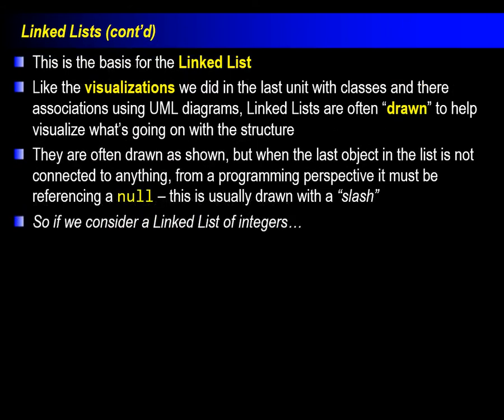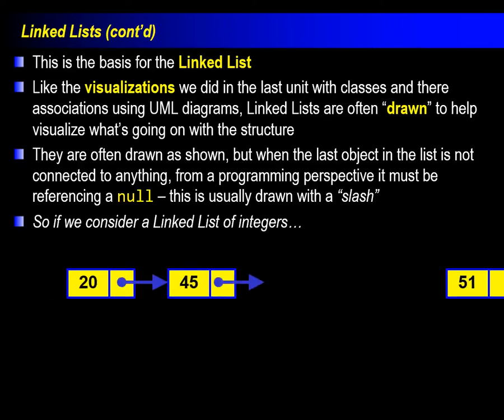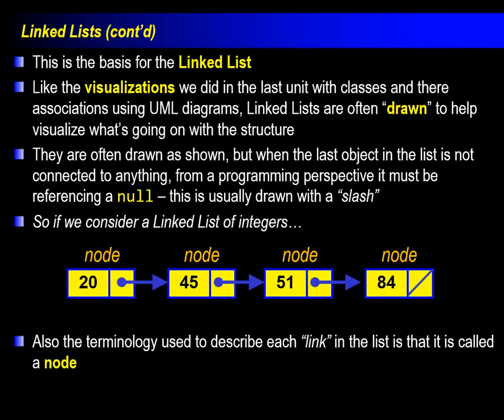Okay, so the linked list, as I said, is helpful to be drawn. As I said, the last reference will be a null. Usually when drawn, it will be drawn with a slash. So you're going to see the most common way linked lists are drawn. And chances are, if you study computer science at the university level, this is how you'll be taught as well. So this is a linked list of integers right here. Okay?